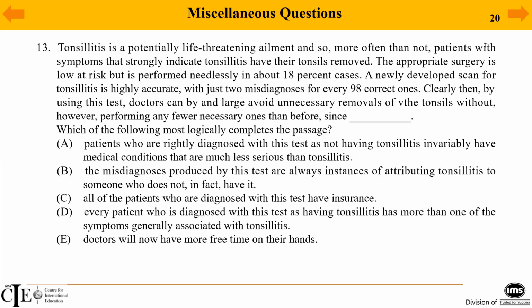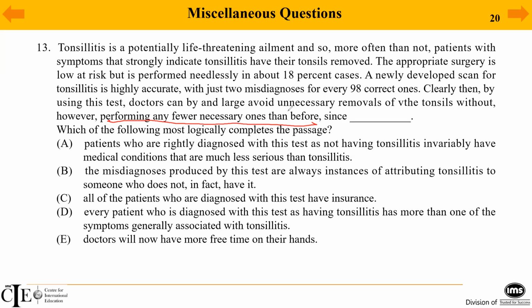So the important point is the one here. The danger is if the tonsils must be removed and you do not remove it, that is a danger, is it not? So whether the operations are done, any fewer necessary ones than before, that means without reducing the number of operations.